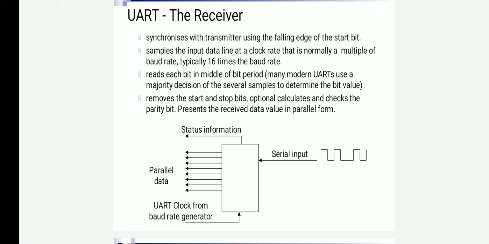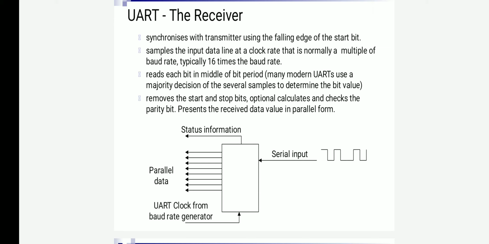It removes the start and stop bits, and optionally calculates and checks the parity bit if required. If a parity bit is added, then it is calculated at the receiving end, so the actual data bits can be retrieved properly. It presents the received data value in parallel form, as the original data value is in parallel form, which is converted through the transmitter into serial form and then transmitted to the receiver end.